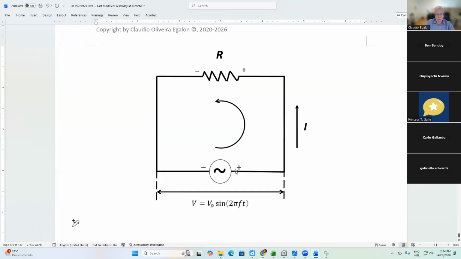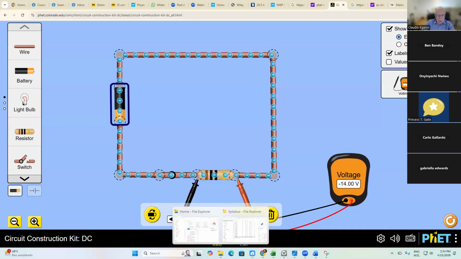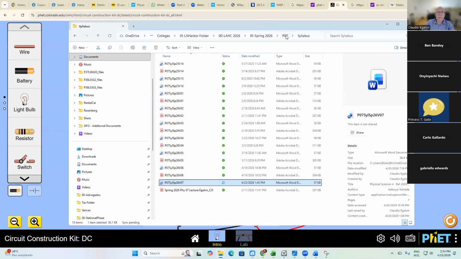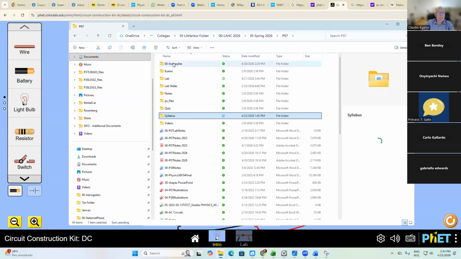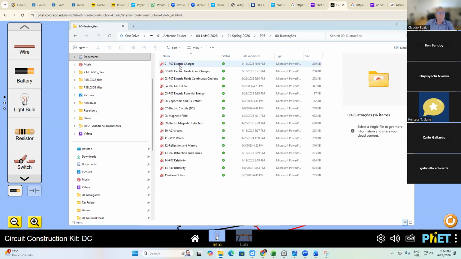At a given moment in time, the polarity of the alternator is going to be positive to the right side, negative to the left side. And let's get my illustrations as well. AC circuit right in here.